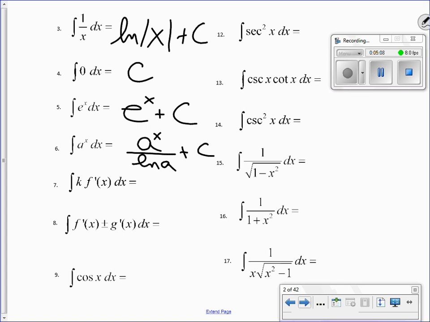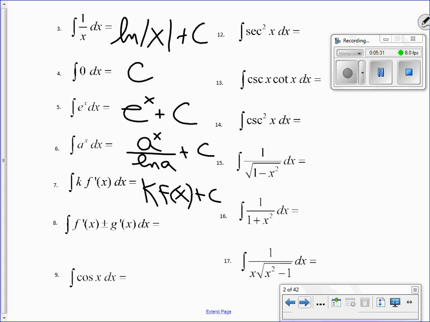All right. Number 7, the antiderivative of a constant k times f prime of x. Oh, Audrey, is your hand up? All right, Emily, that's you. You gotta alternate. k, whatever the constant is, you leave it if it's a multiplier, times f of x plus c.